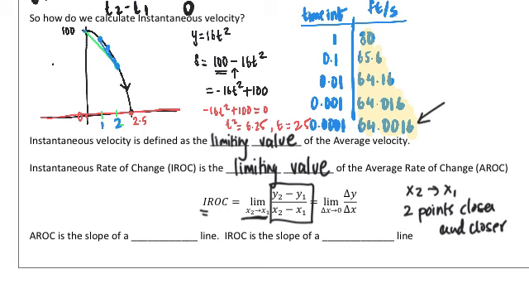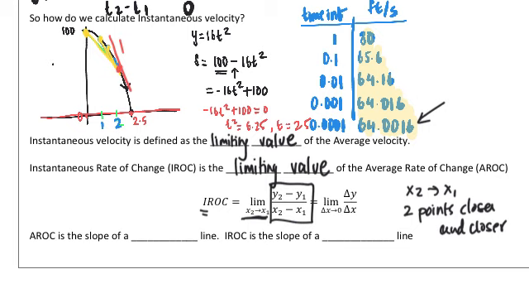Something interesting to note is that as you go on making those 2 points closer and closer, what used to be a secant line, right? A secant line means 2 points on a curve and they're connected. That becomes more and more like the tangent line.